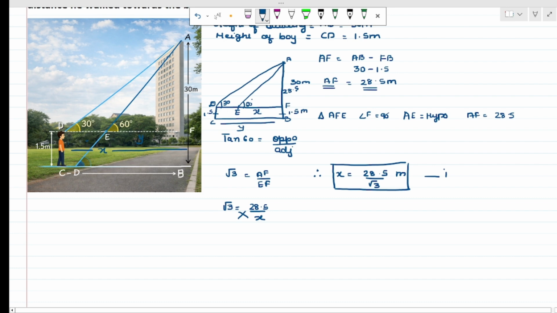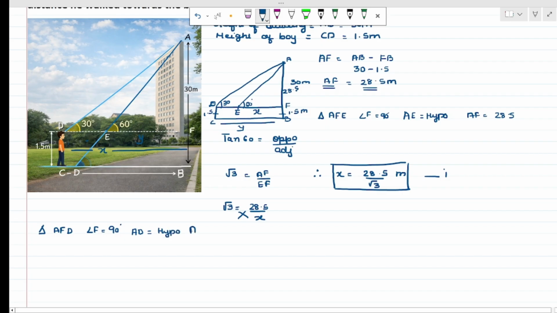Yes, for sure. So for that we are selecting the triangle AFD, where angle F is equals to 90 degree. What is my hypotenuse? My hypotenuse is AD.